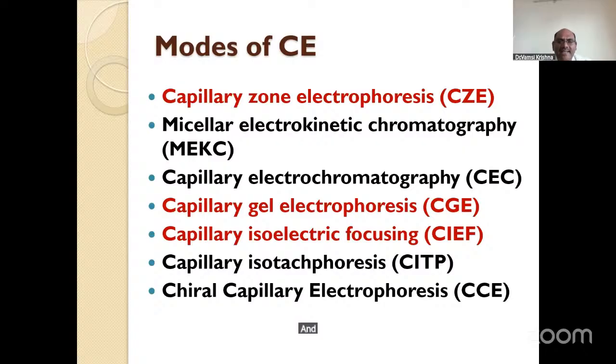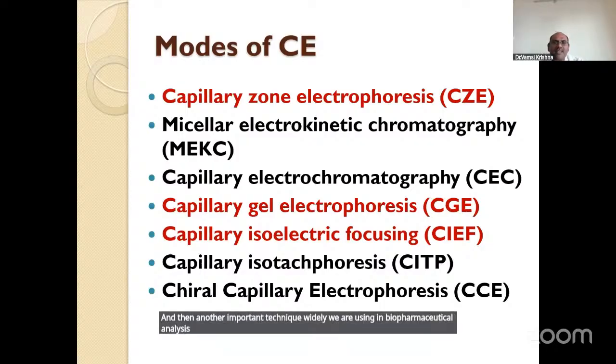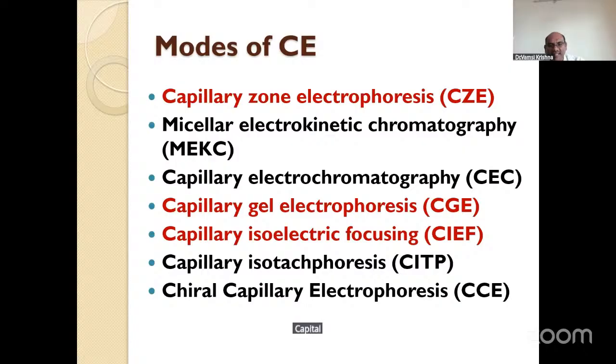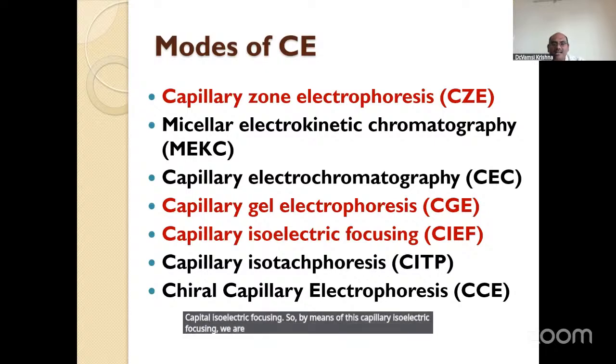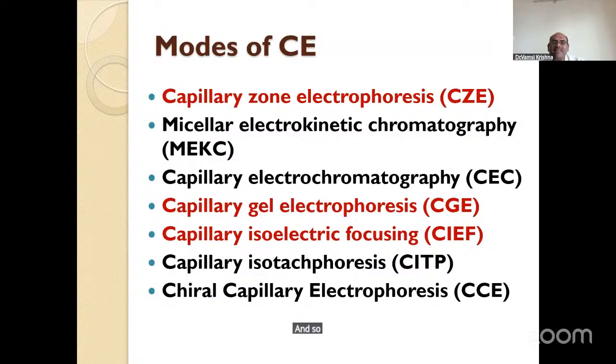Another important technique widely used in biopharmaceutical analysis is capillary isoelectric focusing. By means of this, we separate our components based upon the charge, and so we can determine the charge heterogeneity by means of capillary isoelectric focusing.